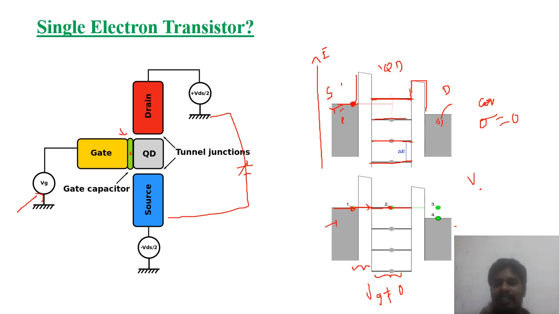So the electron can easily tunnel because it sees the same energy level in the quantum dot. Then this electron tunnels through this barrier. Here it is collected in the drain. This is the single electron transistor phenomenon. So it would be nice to see here the energy level diagram as well as the block diagram for the quantum well structure.